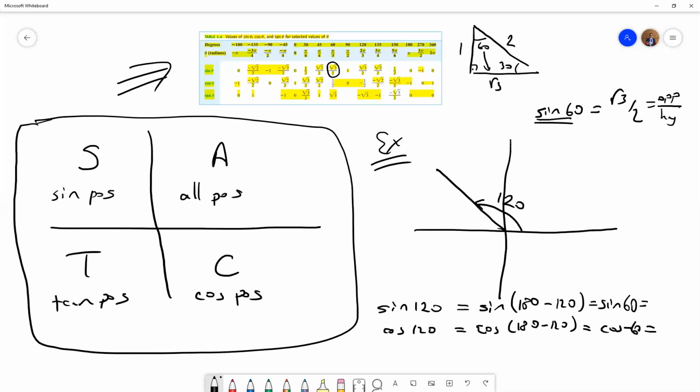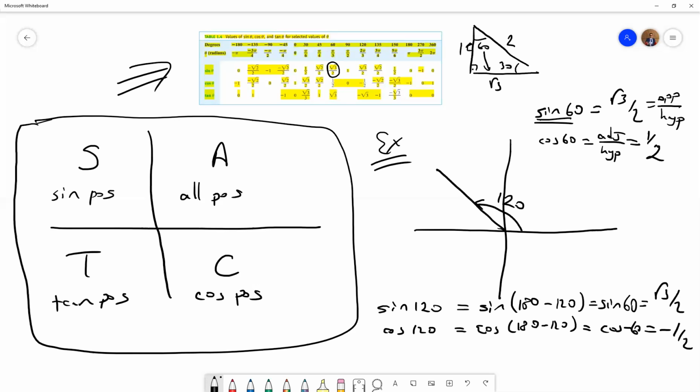Opposite of 60 is square root 3, and hypotenuse is 2. Cosinus 60 degree is adjacent over hypotenuse. Adjacent of 60 is 1, and hypotenuse is again 2, 1 over 2. So the answer is minus 1 over 2, and here is square root 3 over 2.